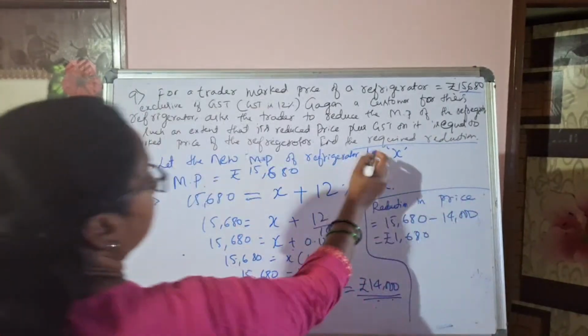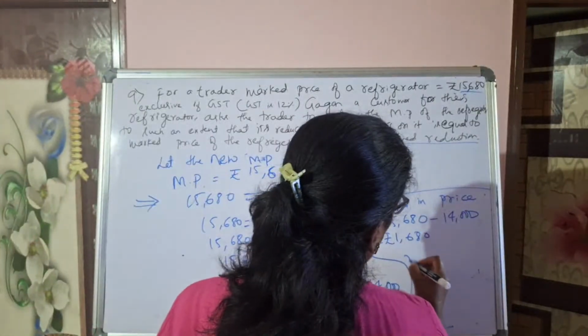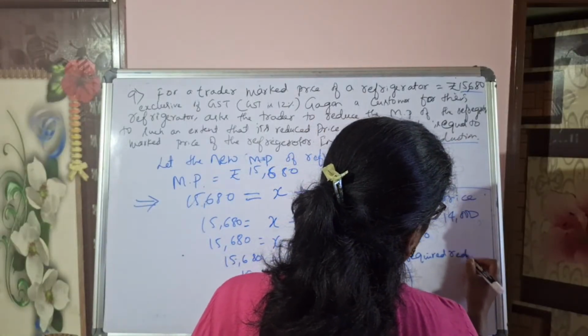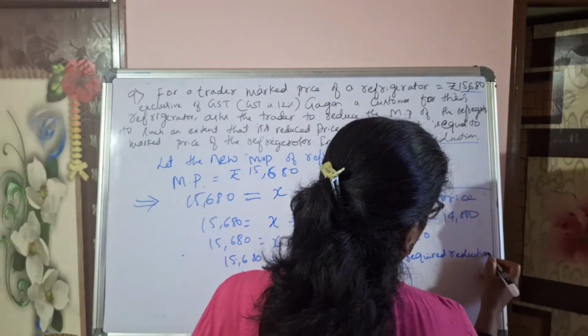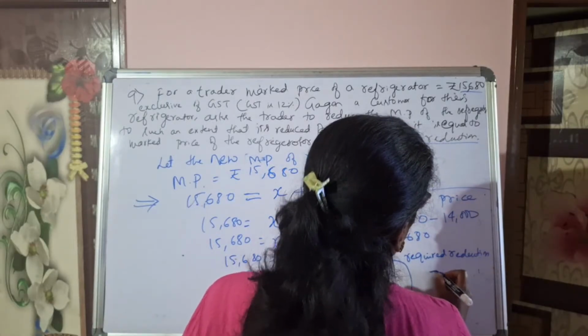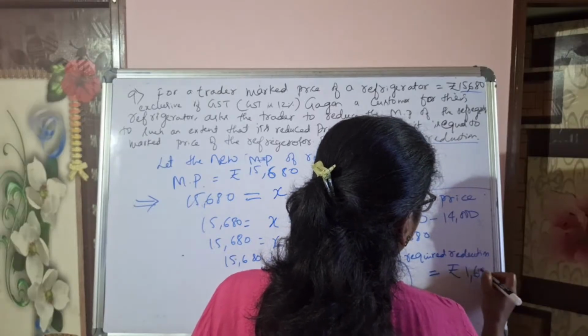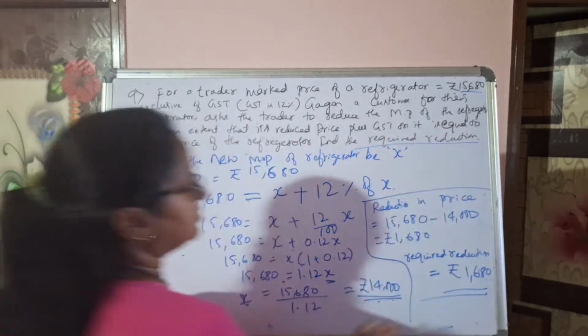So the required reduction is rupees 1,680. This is the final answer.